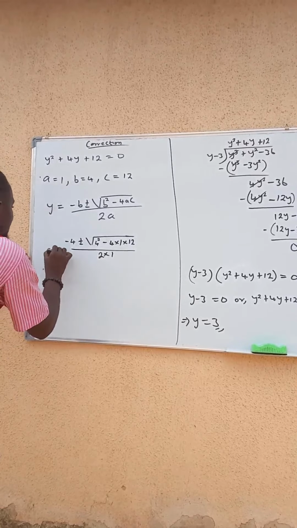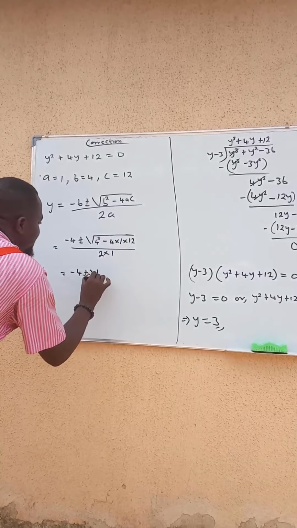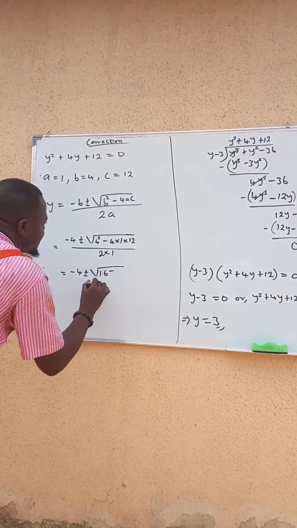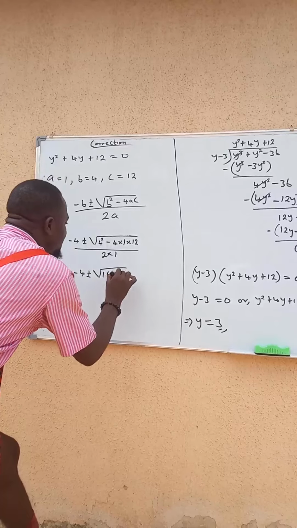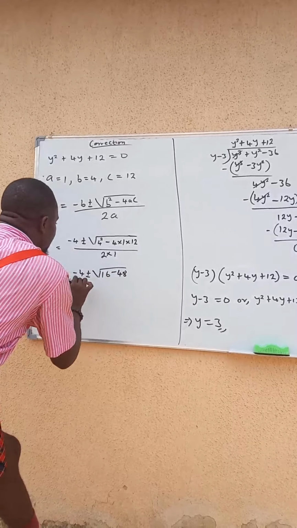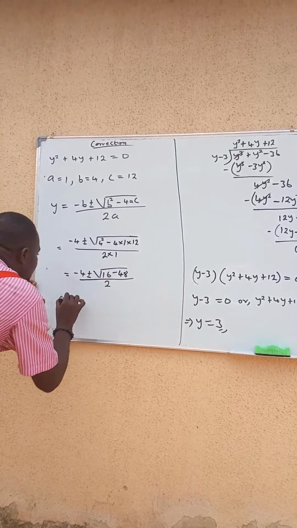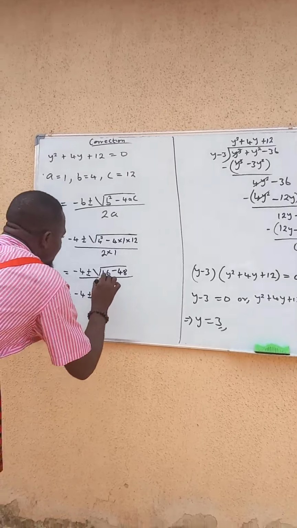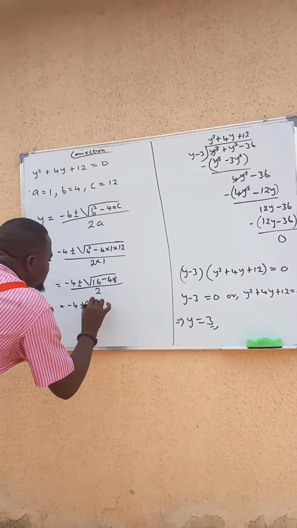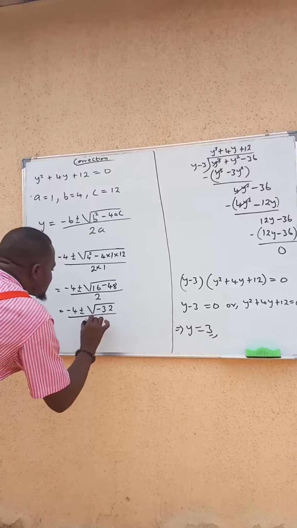So this will now give me equal to minus 4 plus or minus the square root of 16 minus 4 times 12, which is 48, over 2 times 1, which is 2. So this will now give me minus 4 plus or minus the square root of minus 32 over 2.